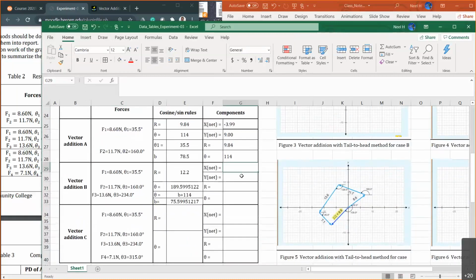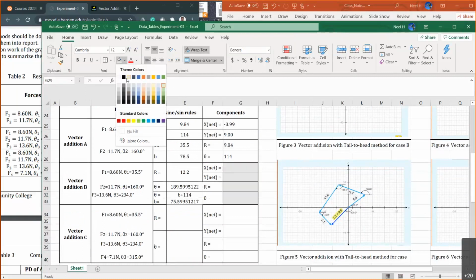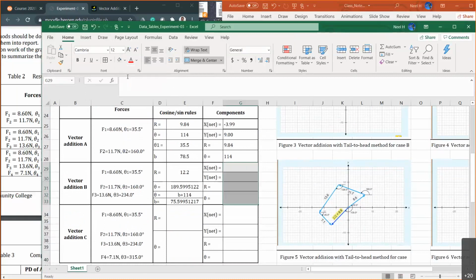So I will let you try that. If you can't finish that for tonight before midnight, then you can submit the data table without that. That's okay, nothing to worry about. Since we're going to be skipping all of these, you can submit without that if you can't manage it. But make sure the lab report, all of them, should be completed. You have a week.